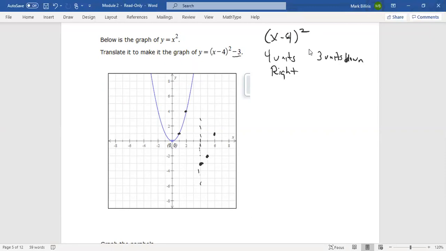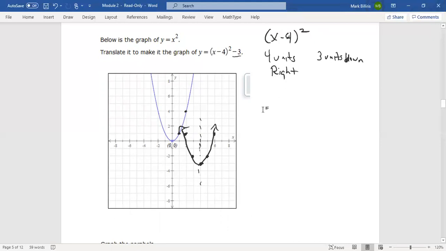So if we have a point 1 unit to the right, we'd have a similar point 1 unit to the left. So we keep moving up that axis of symmetry until we come to the next point, which is 2 units to the right. So we'd have a point 2 units to the left as well. And this would be our new graph.